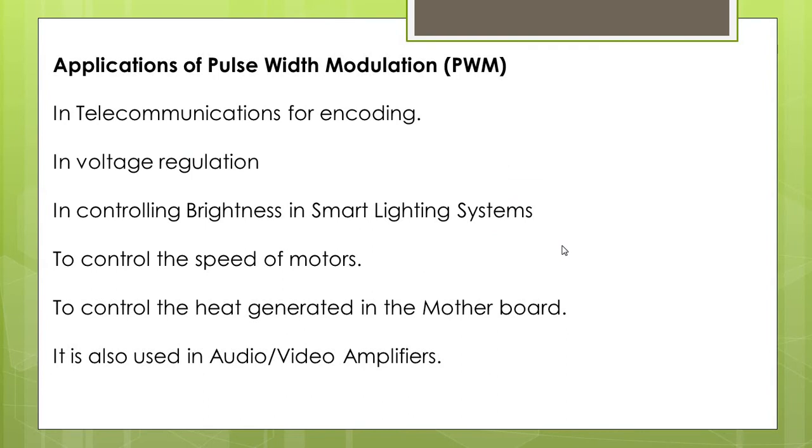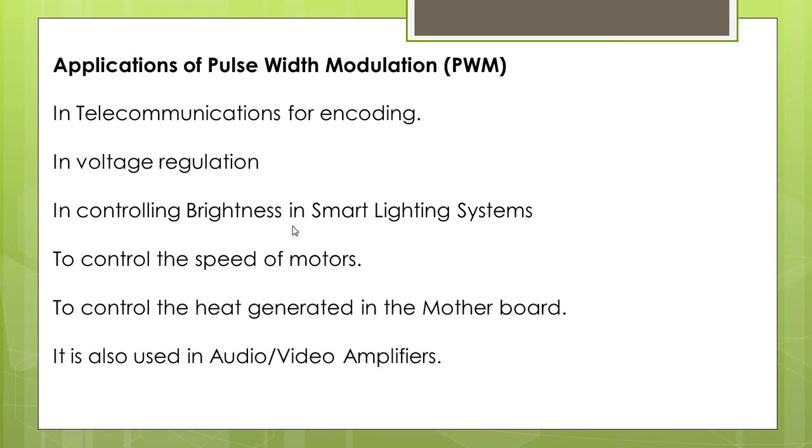These are some of the applications of pulse width modulation. It is used in telecommunications for encoding of the pulses. In telecommunications, we use the values ones and zeros, and they are generated by using pulse width modulation. Pulse width modulation is also used in voltage regulation.